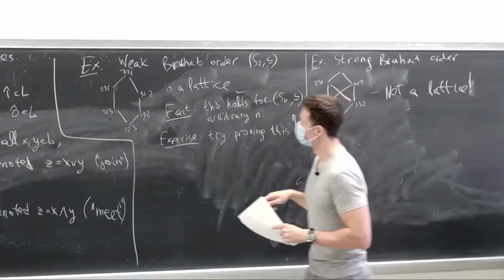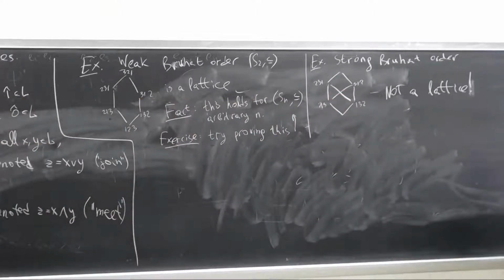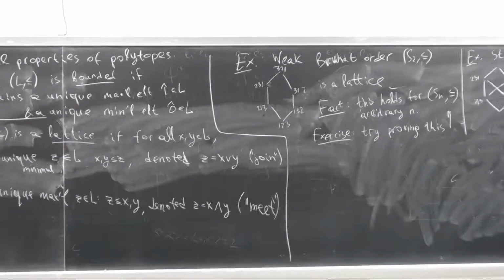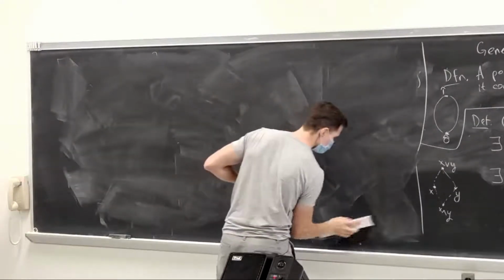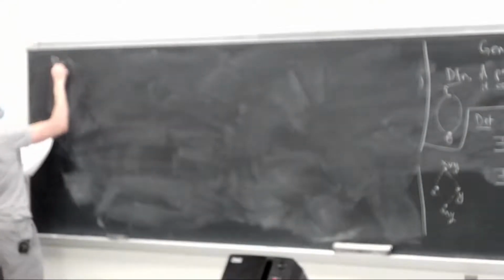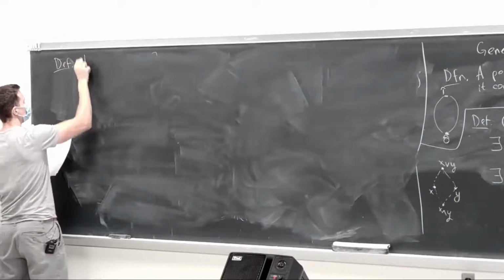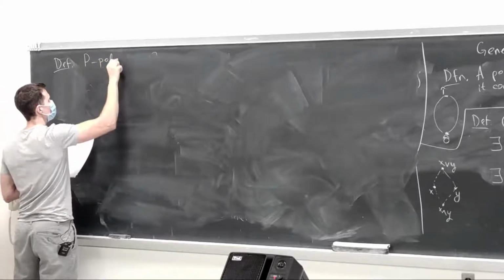So a lattice is a pretty useful thing for us because it's going to help us study faces of polytopes and how they are glued to each other. So let's say I have a polytope.